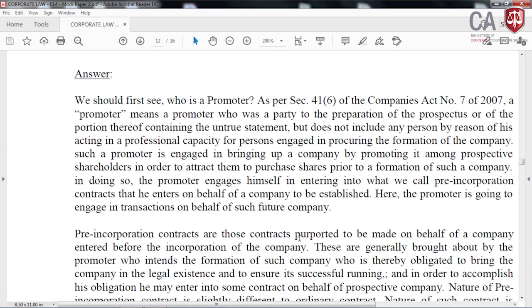So, pre-incorporation contracts are those that the promoter enters into on behalf of a company to be established. So, it is the promoter who enters into these pre-incorporation contracts. Here the promoter is going to engage in transactions on behalf of such future company.